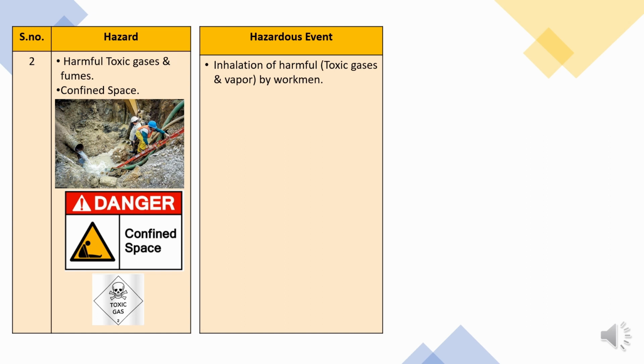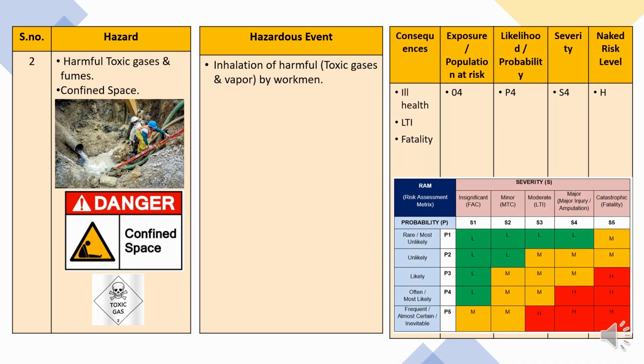Due to this particular toxic gas or fumes, there may be inhalation of harmful toxic gases or fumes by a workman. So this may be a hazardous event. If we talk about the consequences due to inhalation of harmful gases, the person may get sick, ill health, lost time injury, and fatality also.